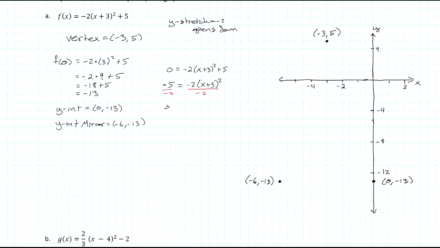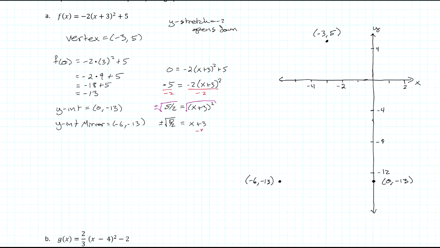So we get 5/2 equals x plus 3 quantity squared. And then we can take the square root of both sides. When we take that square root, make sure and get that plus or minus in there. So we get plus or minus the square root of 5 over 2 equals x plus 3.